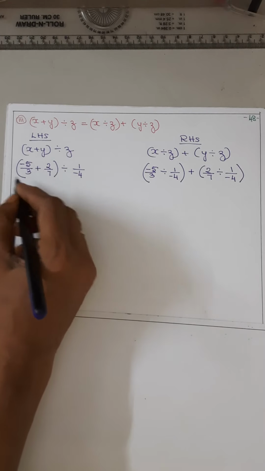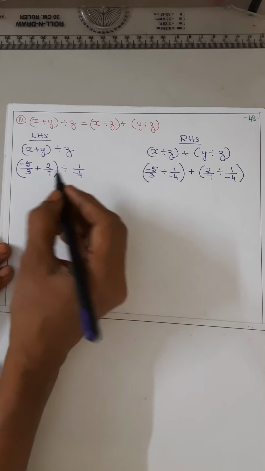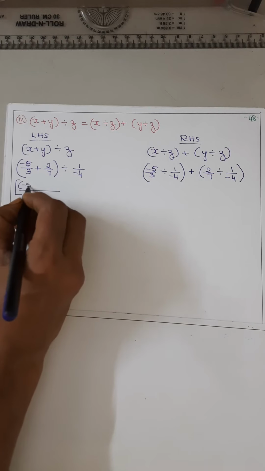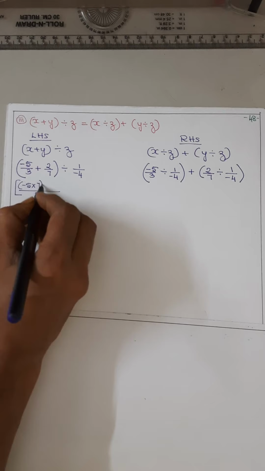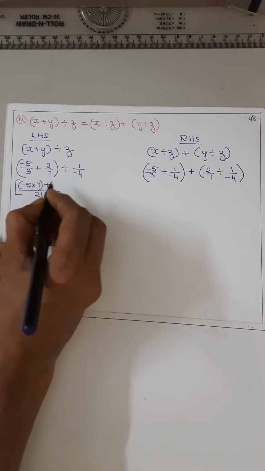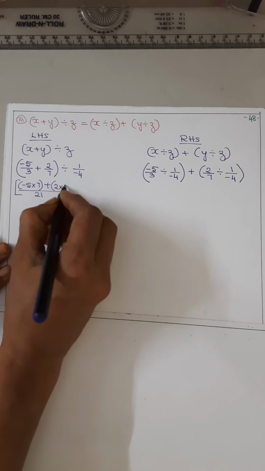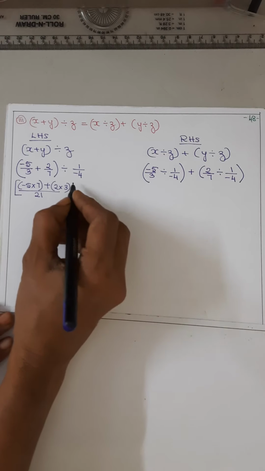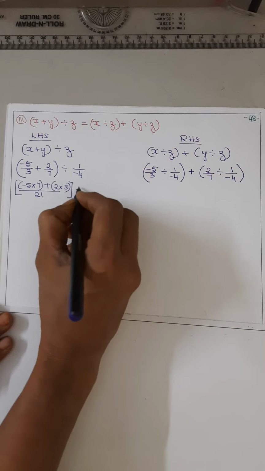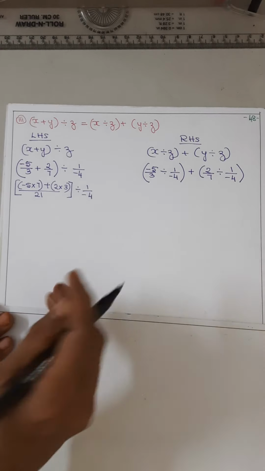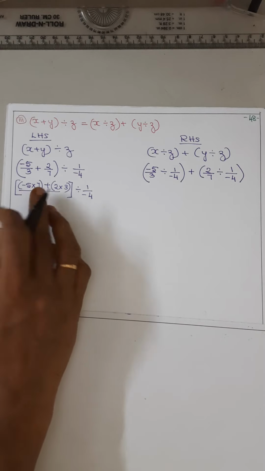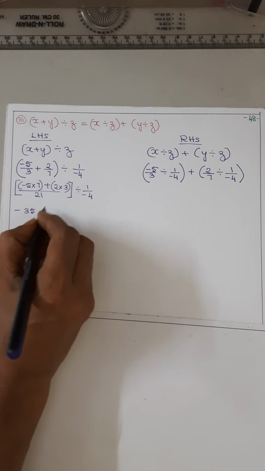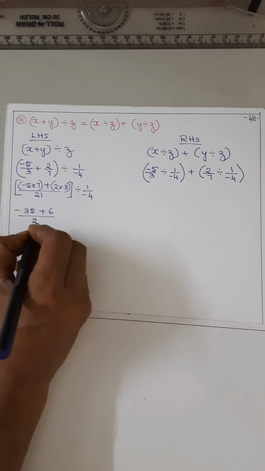In LHS, first it is addition, that means the LCM. So 3 and 7, 21. Minus 5 into 3 7s are 21, so multiply by 7. 2 into 7 3s are 21, multiply by 3. Okay. So divide by 1 by minus 4. Now plus minus minus 5 7s are 35 plus 2 3s are 6 upon 21.